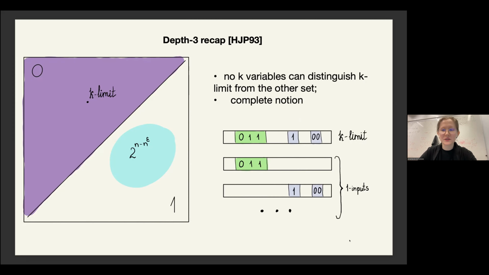The takeaway from this slide is that I'm able to exhibit the point where we make an error, and it is a k limit, and it is defined like this. So no k variables can distinguish the point from the set. Okay, but how do we find this mysterious point?